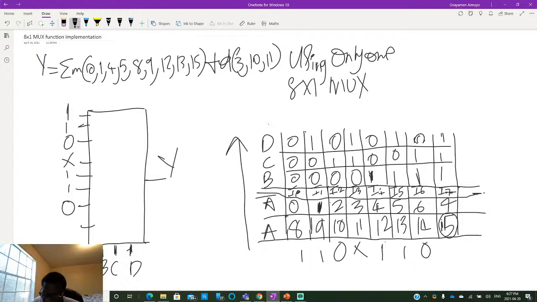Whilst for this, you would have to represent this as an A. Since we're only covering one term, we do not cover both. So we would have to represent this as A for the inputs. And yeah, this is the function using just one 8 by 1 mux.